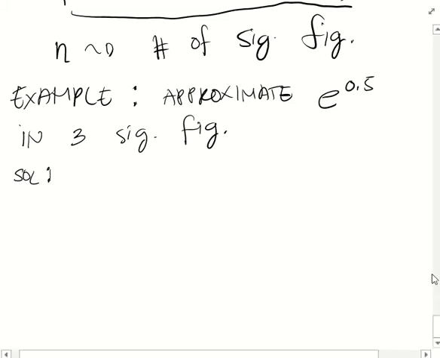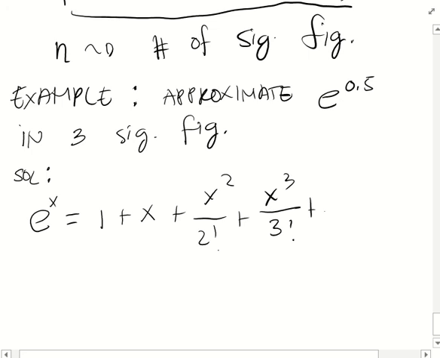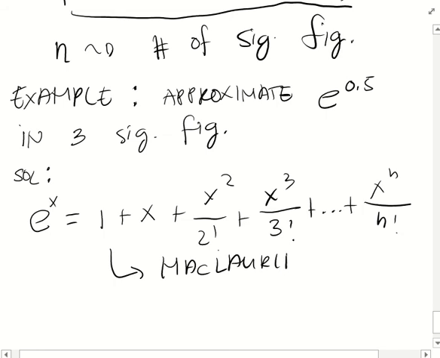Before we solve that, we will be using this series. We call this the Maclaurin series expansion. e raised to x is equal to 1 plus x plus x squared over 2 factorial plus x cubed over 3 factorial plus dot dot dot plus x raised to n over n factorial. This is what we call the Maclaurin series expansion.